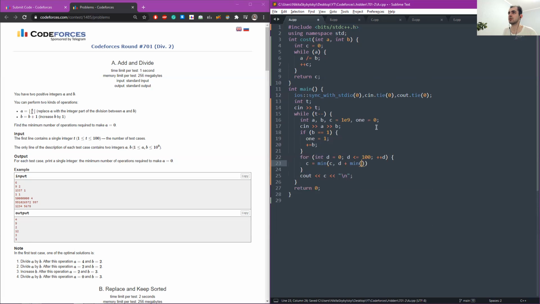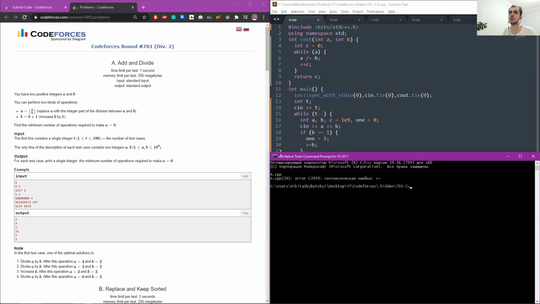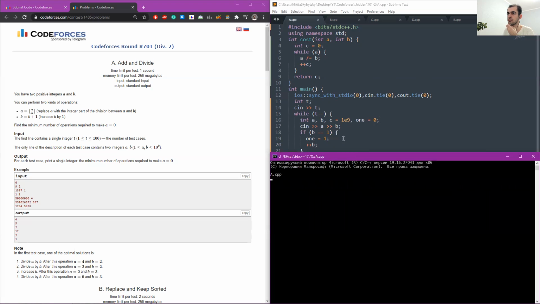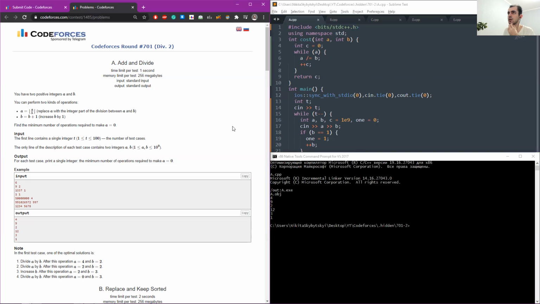I mean, there's clearly no sense in increasing B after you divide at least once. So I'm assuming that you can get away with something like this. What? Yes. Okay. 4, 9, 2, 12, 3, 1.